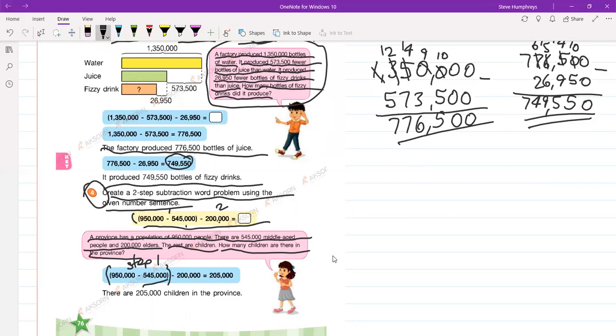Minus, get that answer, and then subtract the number of elders, which is 200,000, and that gives you the total number of children. 205,000 children. Answer: there are 205,000 children in the province. Okay, two-step subtraction word problem.